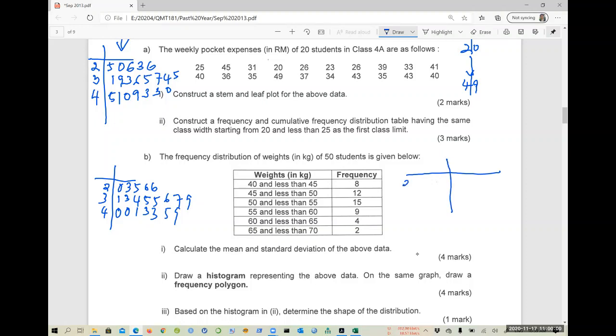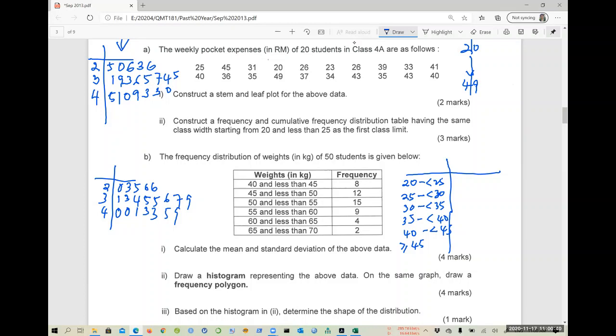So you start with 20 and less than 25, and then 25 and less than 30, and then 30 and less than 35, and finally 35 until less than 40, 40 until less than 45, and then 45, anything greater than or equal to 45.